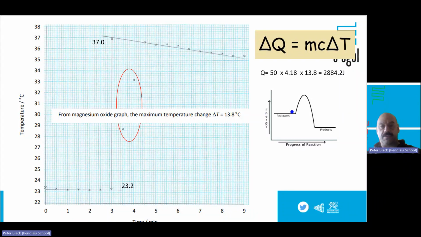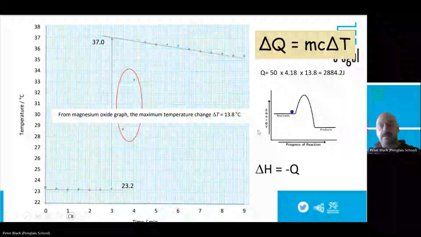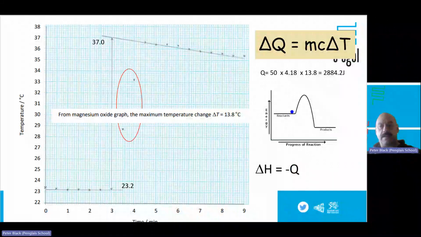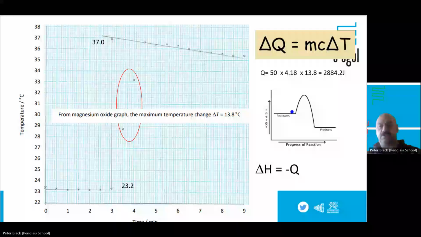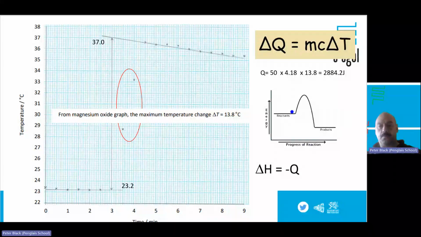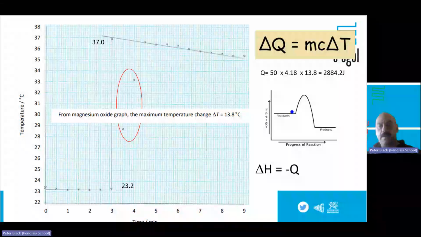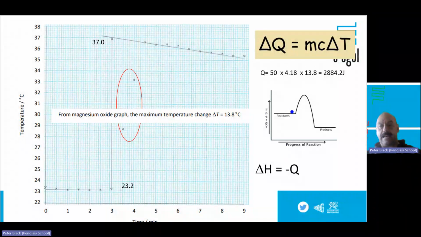We're now going to think about the enthalpy change, because this is the energy change of the water, and what we want to know is the enthalpy change of our system. We know this is an exothermic reaction, so there's going to be a decrease in enthalpy, hence the increase in temperature of the water. Now we're going to convert this into our delta H. To reflect the difference between the change in temperature of the water and the enthalpy change of the system, we're going to minus Q. So it becomes minus 2884.2, and then we divide by n to scale it up to per mole.